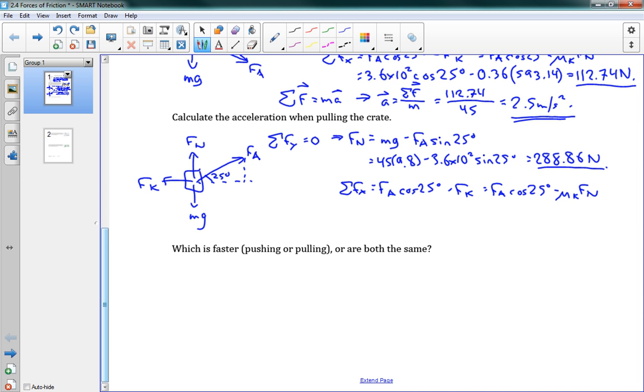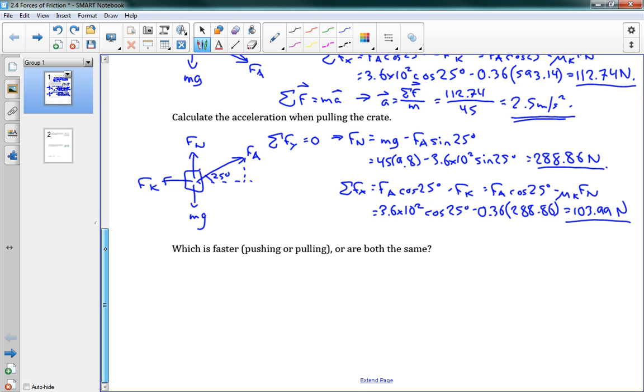And now I need to fill in some numbers here. So I can say that this is 3.6 times 10 to the 2 cosine 25 minus, and my mu k was 0.36. My new normal force is 288.86. So this gives me a net X force of 103.99 newtons.